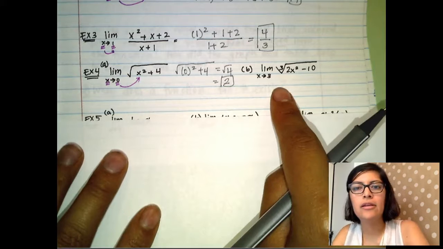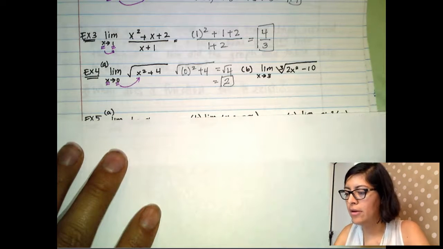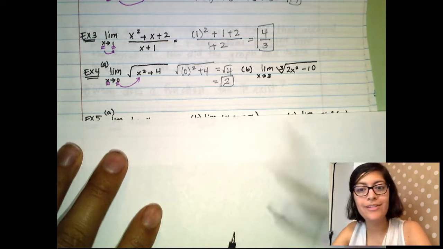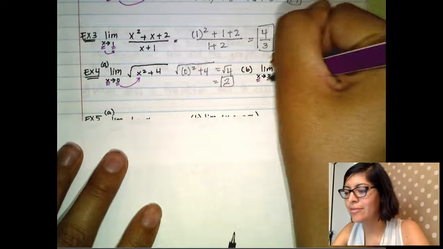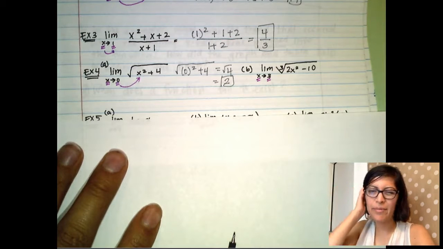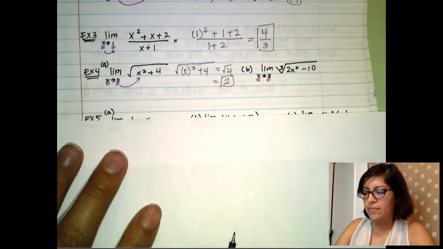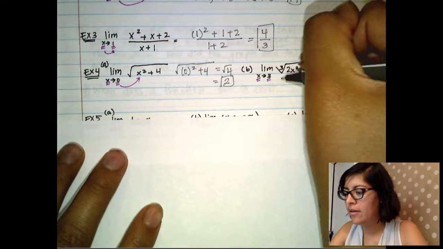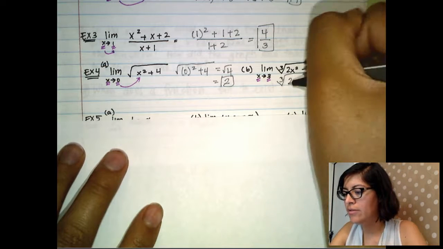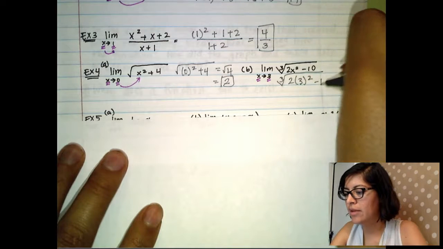And let's look at another one, cube root. Let's see what happens when x is equal to 3, as long as nothing weird happens. So we have here the cube root of 2 times 3 squared minus 10.